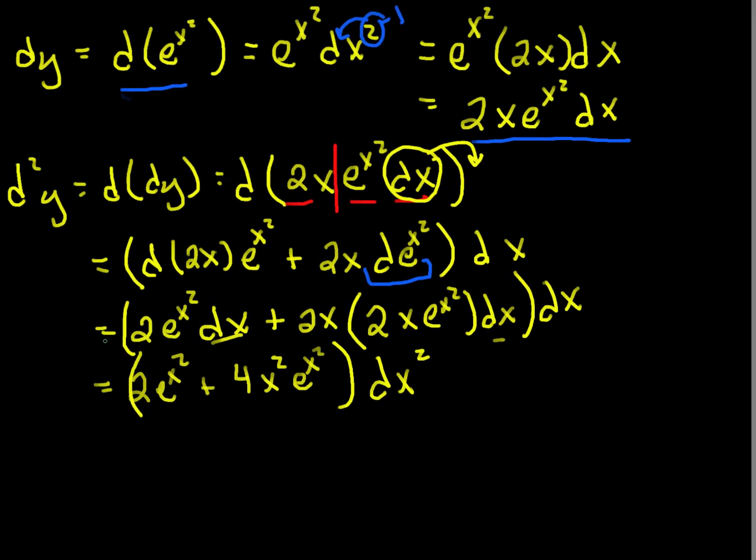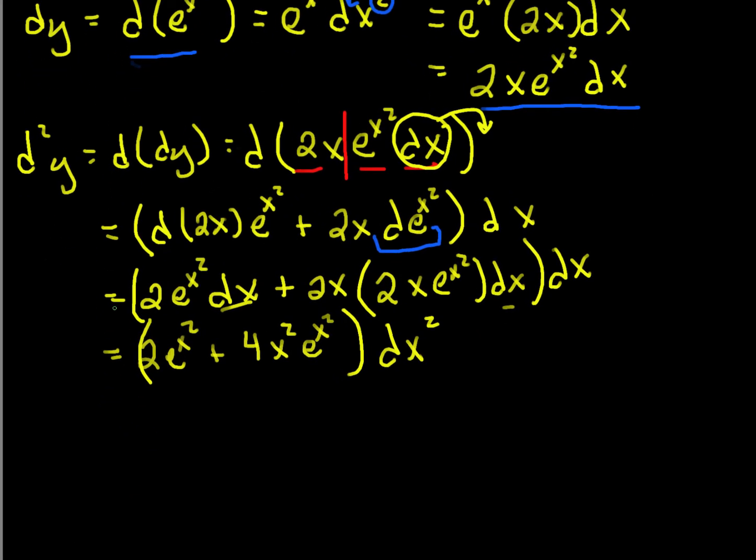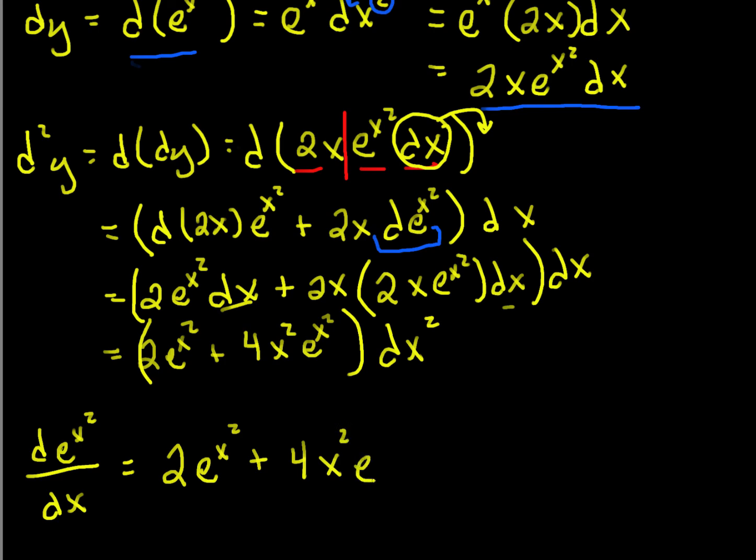So putting this all together, we get that the second differential of y, divided by dx squared, is simply 2e to the x squared plus 4x squared e to the x squared.